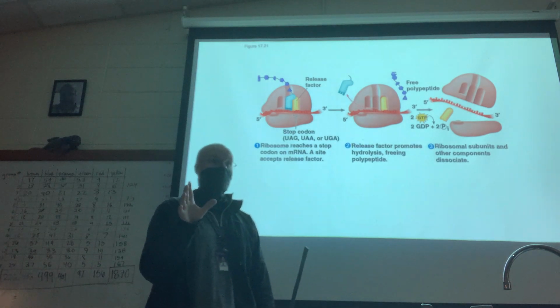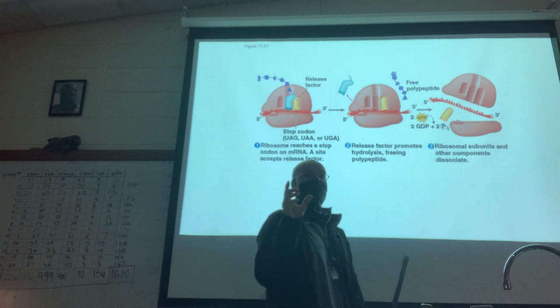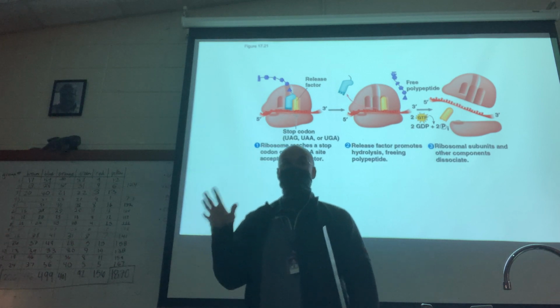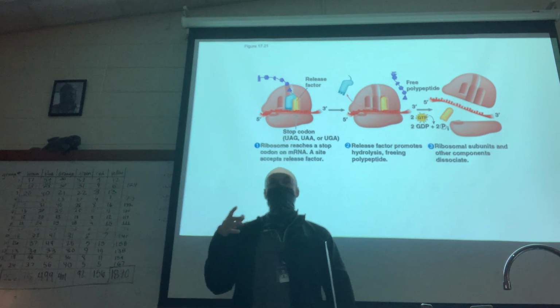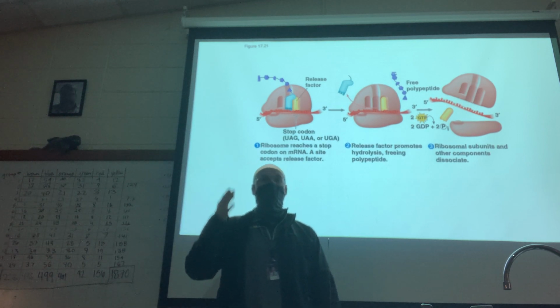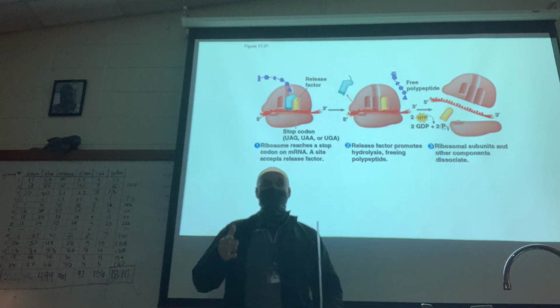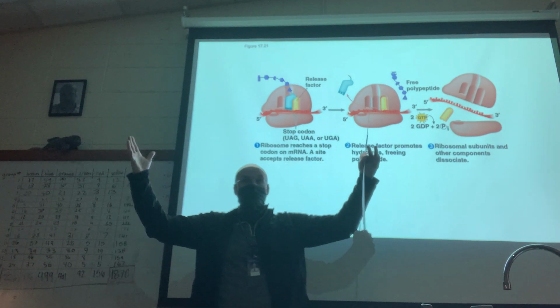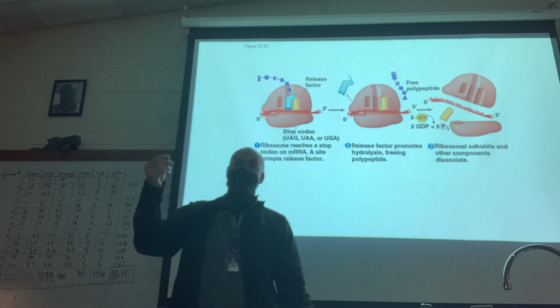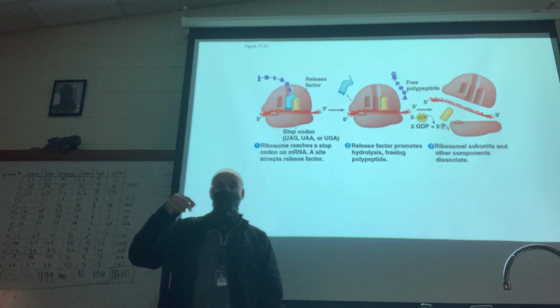There is smooth and rough ER because there are either ribosomes attached to the ER or not. And in relation to that, ribosomes are either free, meaning floating around in the cytoplasm, or they are attached to an endoplasmic reticulum.